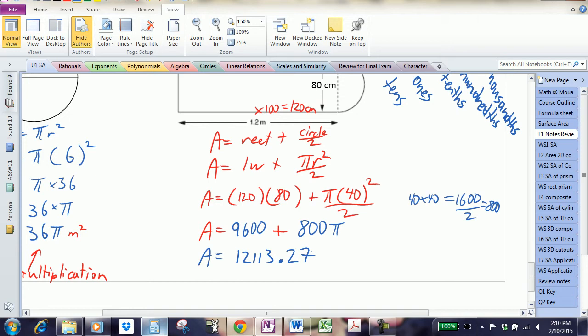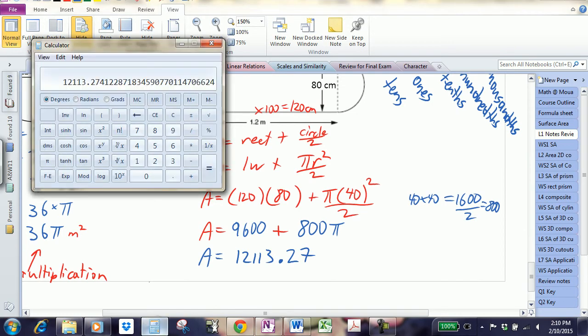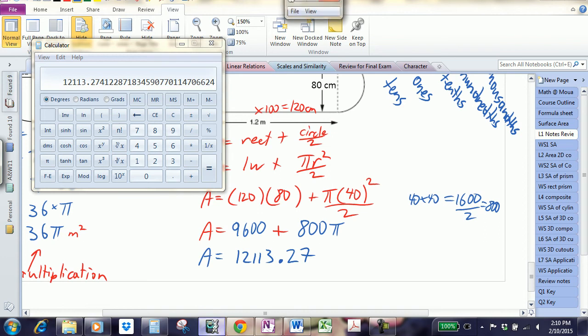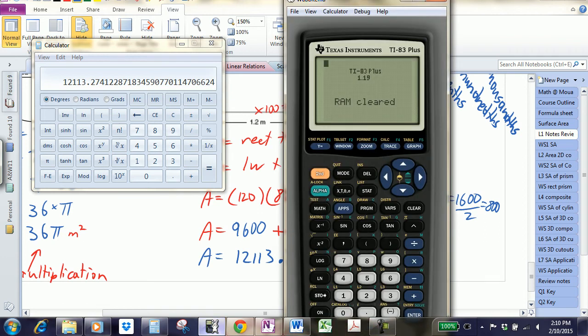So you guys got a little bit of shorter class than the other one. Yep. Where's the pi sign in the calculator? Okay, you're gonna have to find that. This one is over here on the left. Not here. Let me just show you on this one here. On the graphing calculators, where is it?